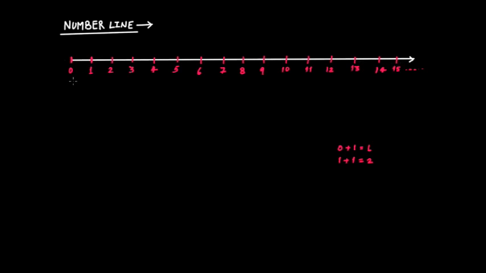Okay, now note that the distance between 1 and 2, the distance between 2 and 3, and every distance between two consecutive numbers is a unit value. Why unit value?